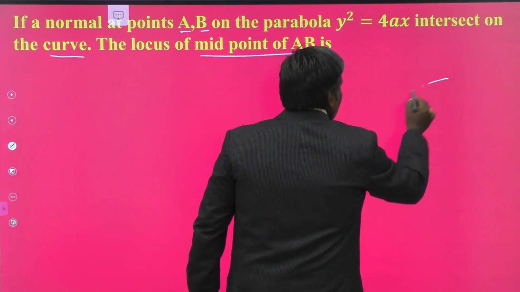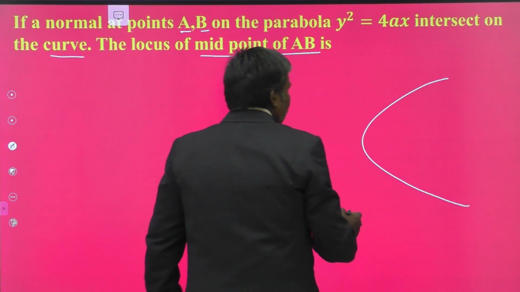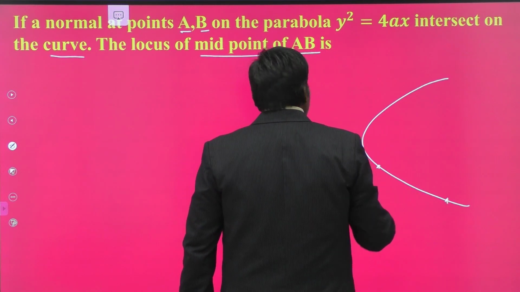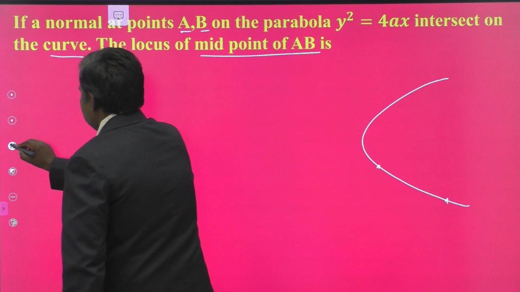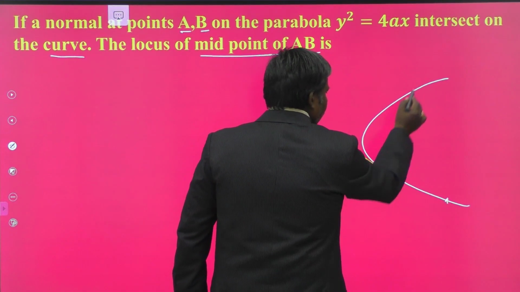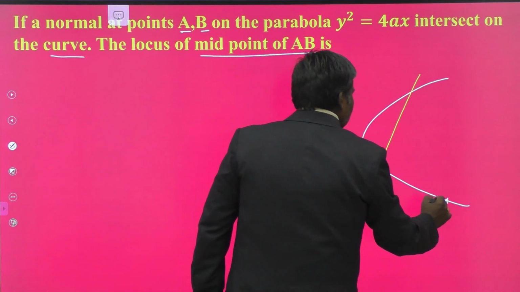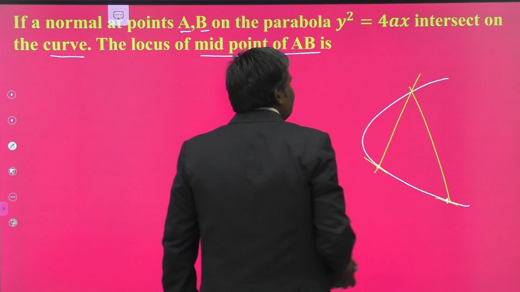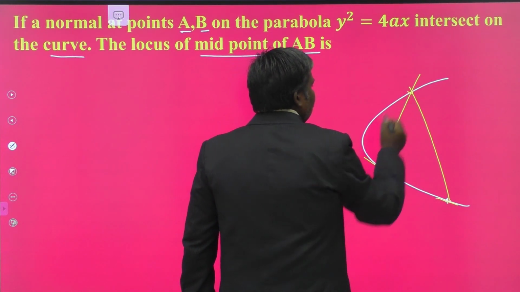Suppose this is the parabola. These are the two points on the parabola. If you draw the normals at these points, this is one normal, this is another normal. These 3 normals intersect again on the parabola as shown in this figure.